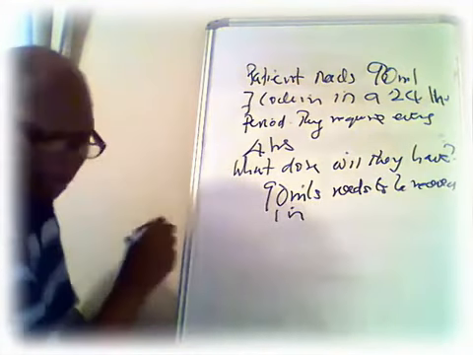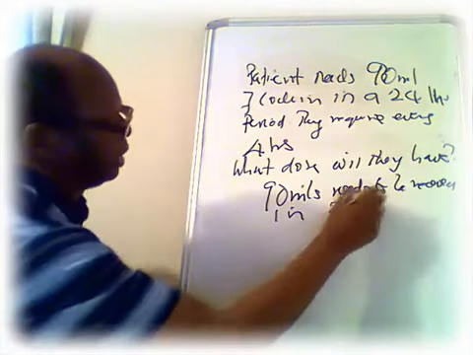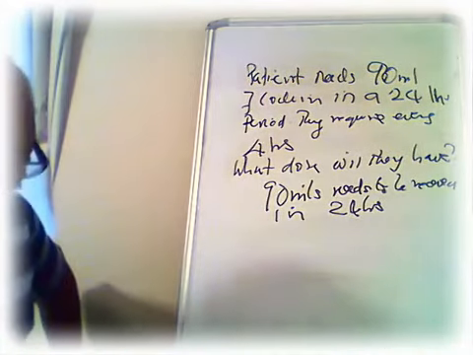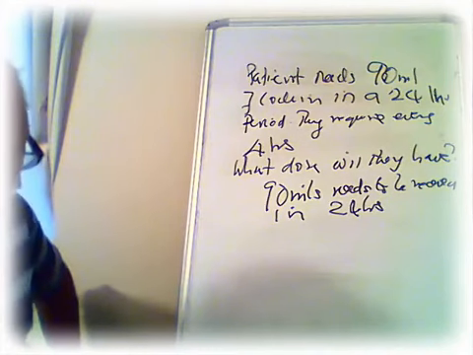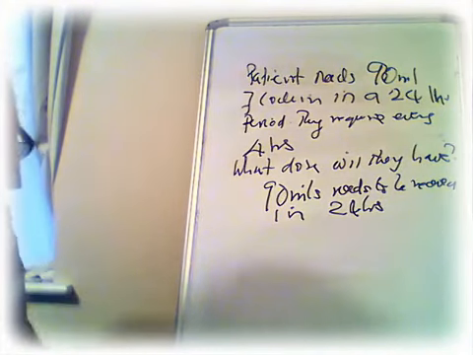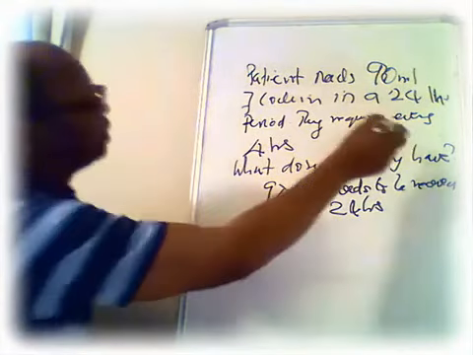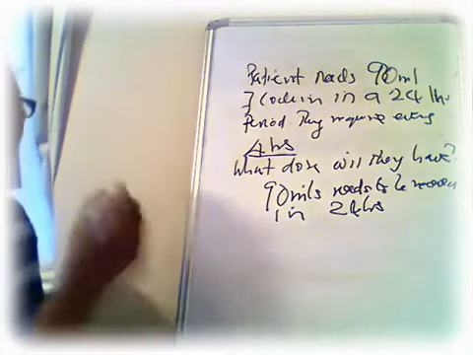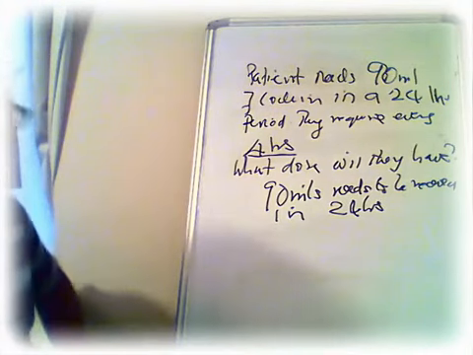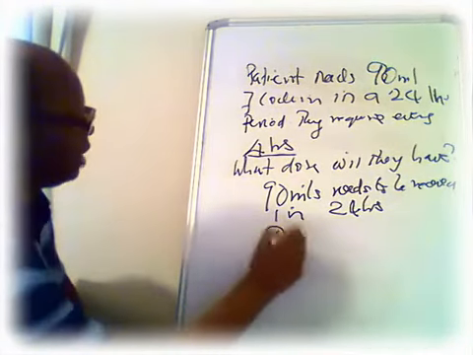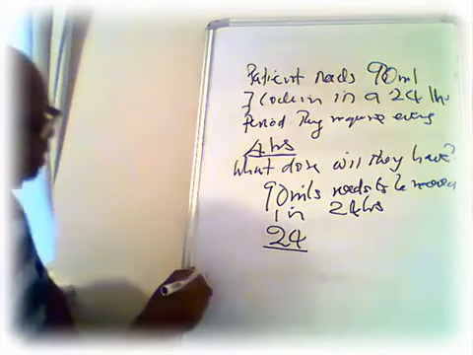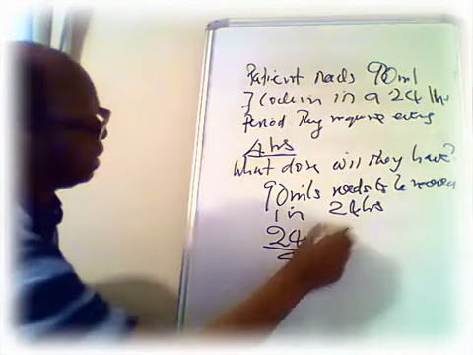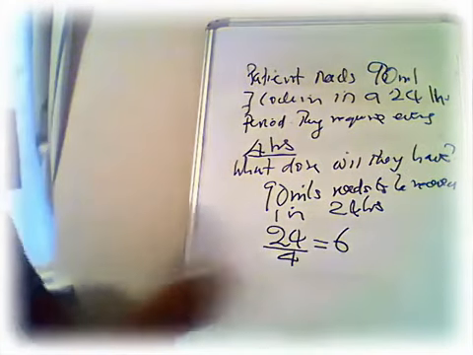Okay, that's the total that you need to receive in 24 hours. Now we know he's receiving every 4 hours. So he's receiving this medication every 4 hours. Now, how many times does he receive it in 24 hours? So we need 24 hours divided by 4. If we divide by 4, we'll get 6 times. So he gets 6 times.